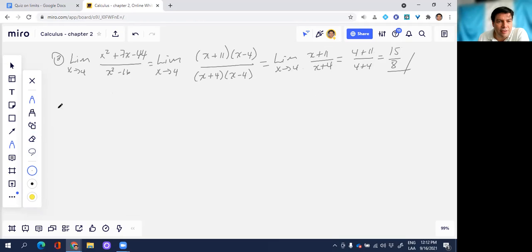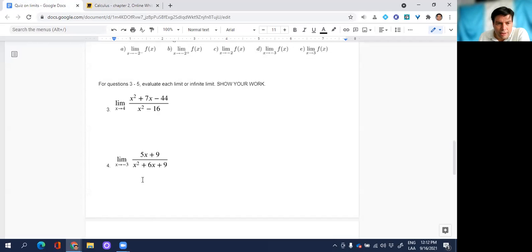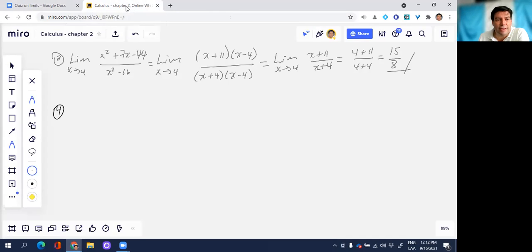Number 4. We change colors here. The limit as x approaches -3 of 5x plus 9 over x squared plus 6x plus 9.